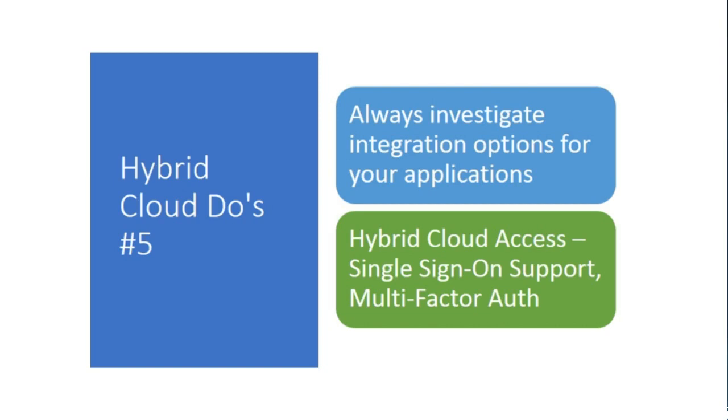All right. So a couple more pieces along that line: investigate your integration options for those applications. Some of our customers, for their on-prem infrastructure, their hybrid cloud infrastructure that they're running on-prem, have gone through a cybersecurity audit.